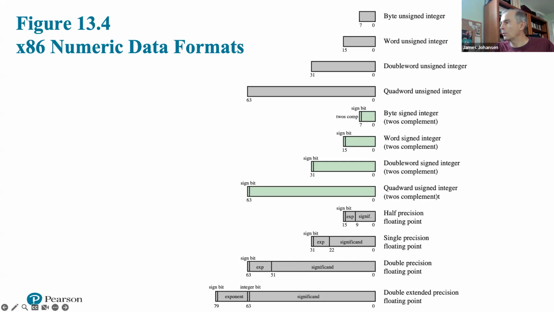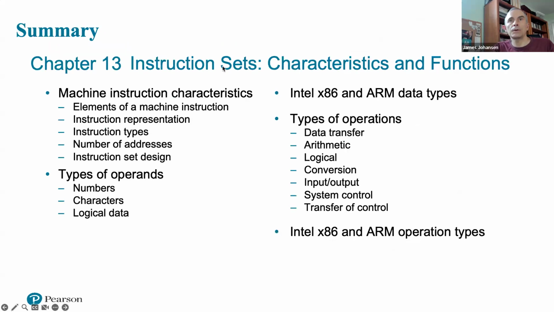And so we're going to go over this more on Tuesday. And so just a reminder of what we have there is, what are the machine instruction characteristics? There has to be an opcode and the things that you're supposed to work on it with. Then we can have the different types of operations that are there.